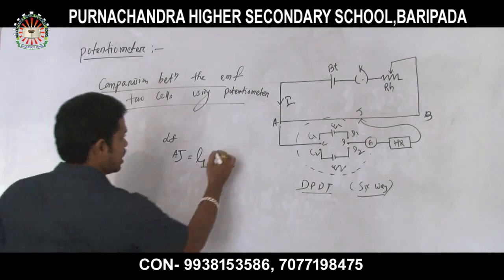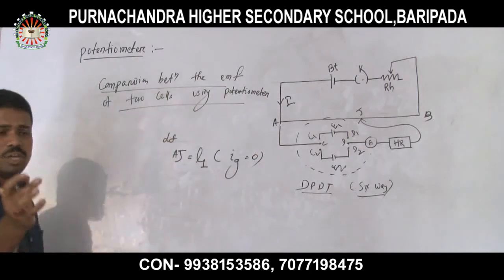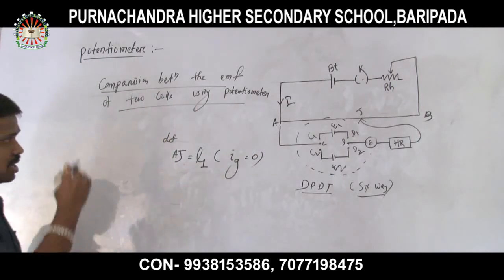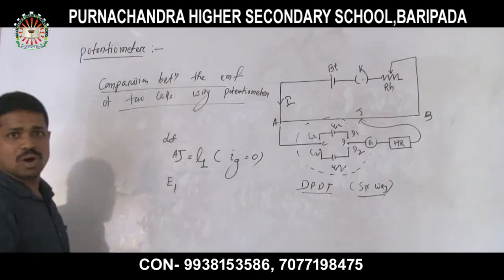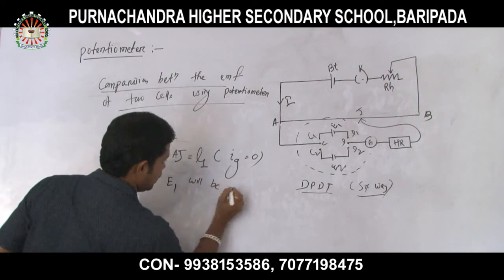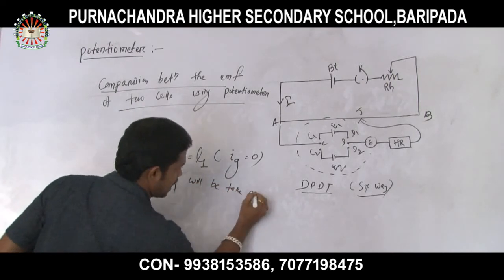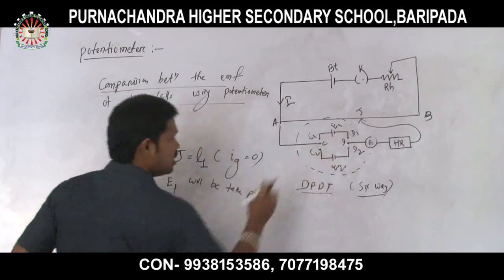At this point the current in the galvanometer becomes 0, IG is equal to 0. The bridge will be balanced, and E1 takes part because the switch is connected to C1 and D1.